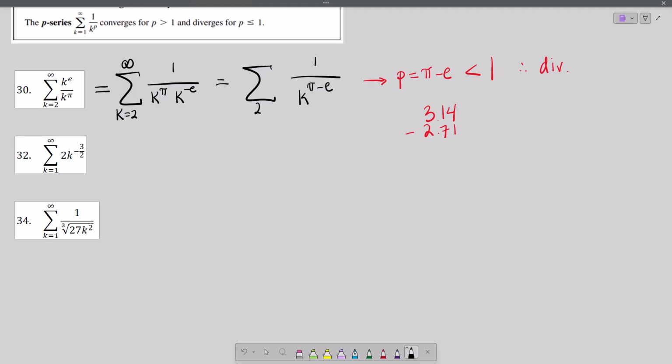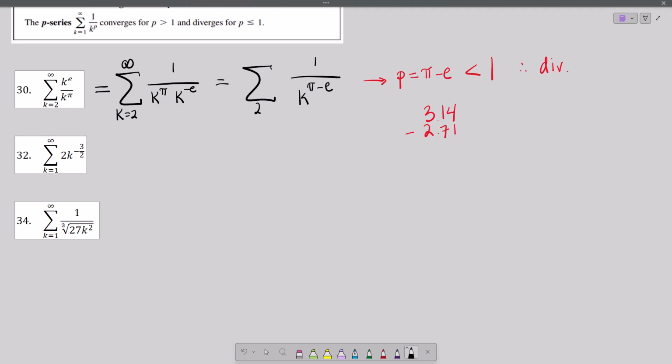Let's see. Doesn't the numerator have to be 1, or it could be? If there's a constant here, you can always factor the constant out to the front of the summation. We know that if we have a series and we multiply by a constant, that multiplication by a constant doesn't affect convergence or divergence.